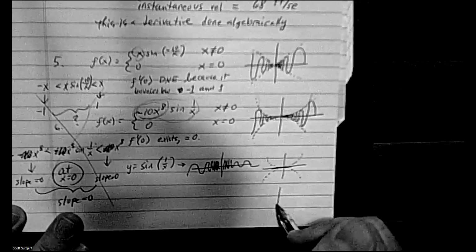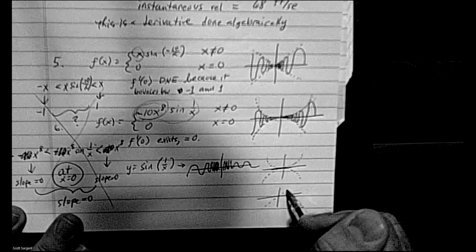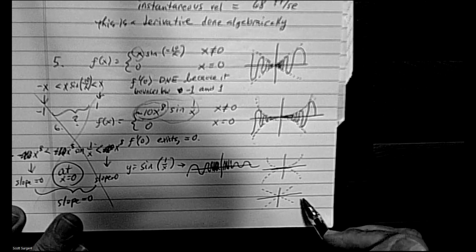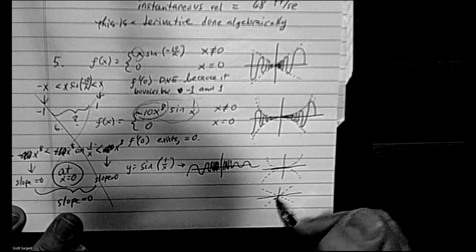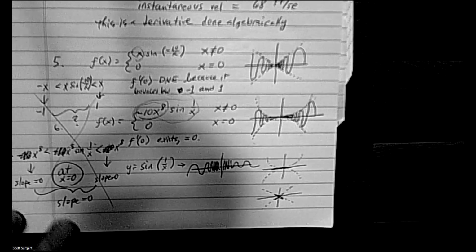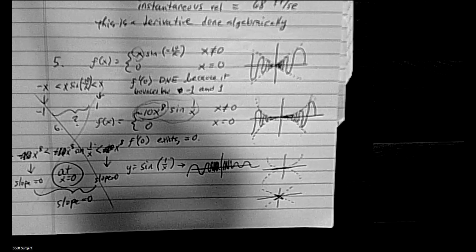Whereas on the top graph, the x and the negative x graph don't actually touch each other tangentially. In fact, they pass right through each other. So it's either doing this or this. Which one is it? Well, we can't make that inference.